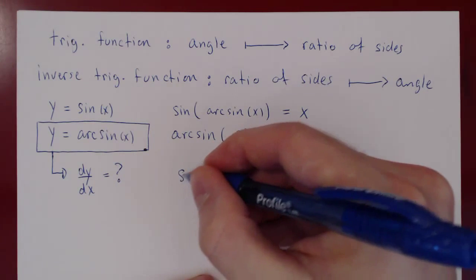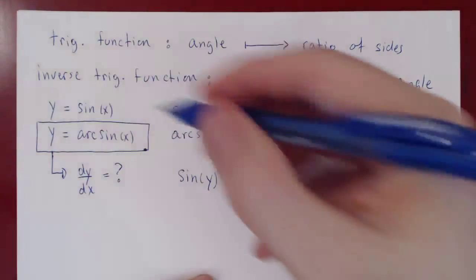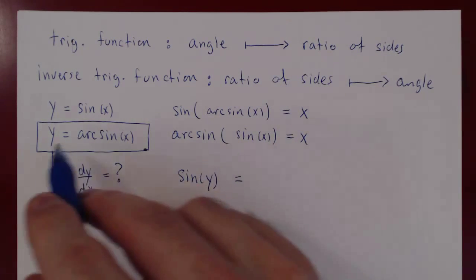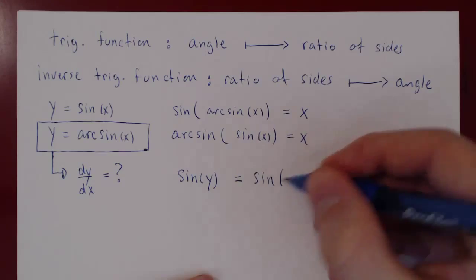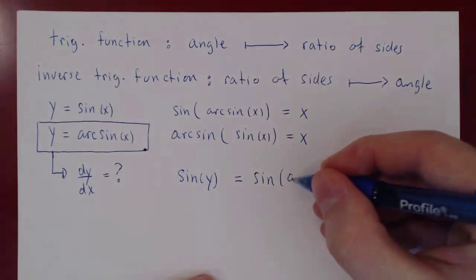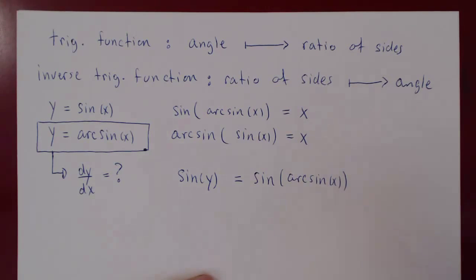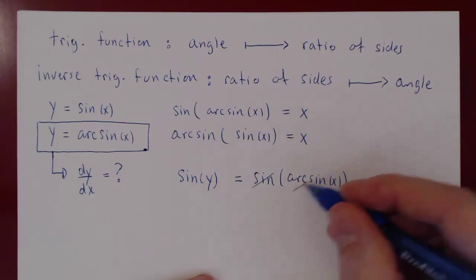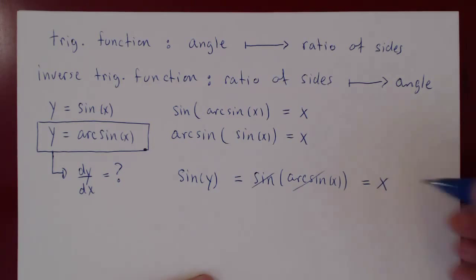So the sine of the left-hand side, which is y, will equal, and now you can make the substitution, because y is equal to arc sine of x, you can replace y by arc sine of x. But we know that sine is the inverse function of arcsine, so they cancel each other out, and we're left with, quite simply, the argument x.